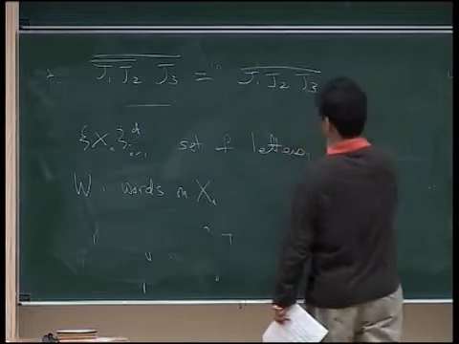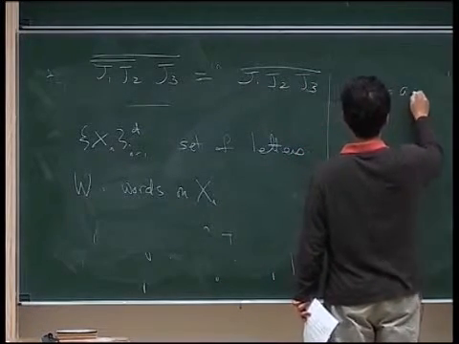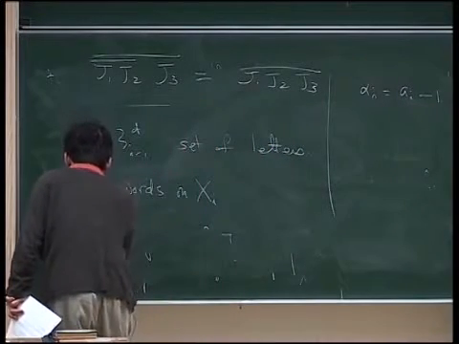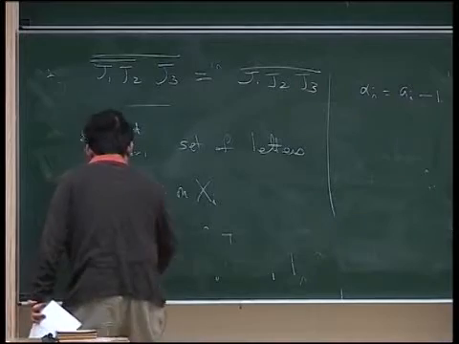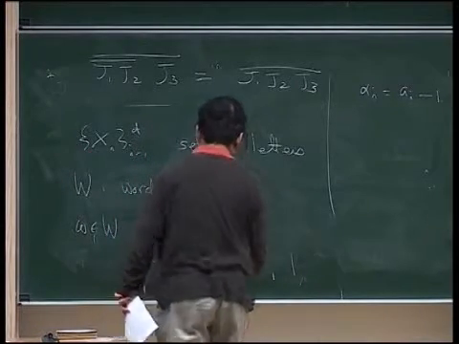Remember also the set of generators, I wrote alpha_i for this a_i minus 1, there was this notation. So for any given word, I'll associate to it something, I'll write w(alpha).